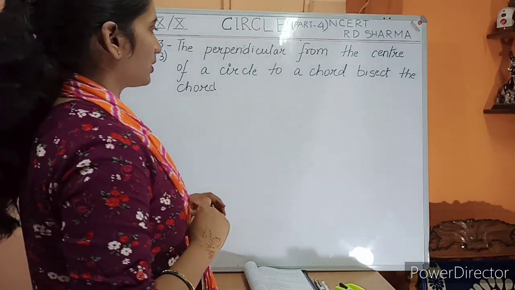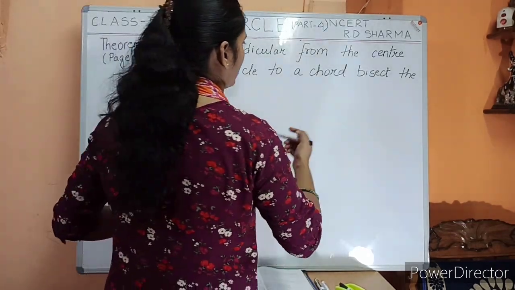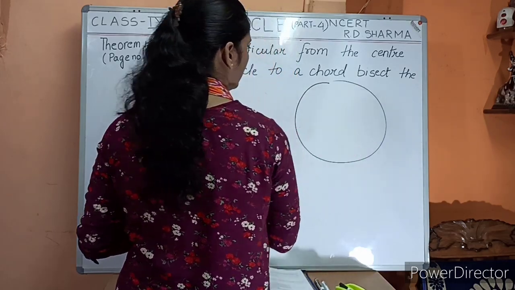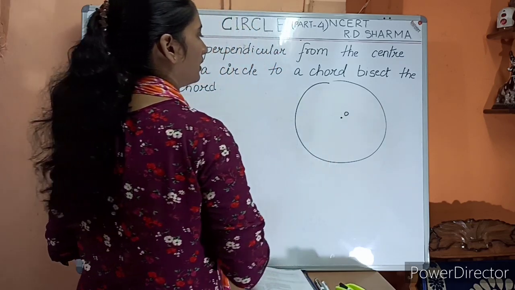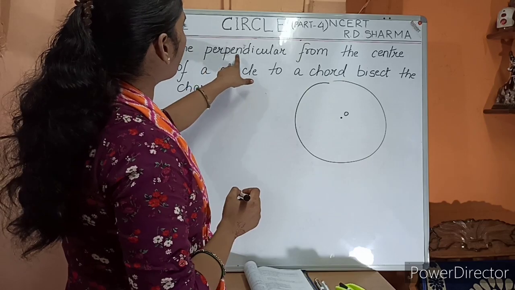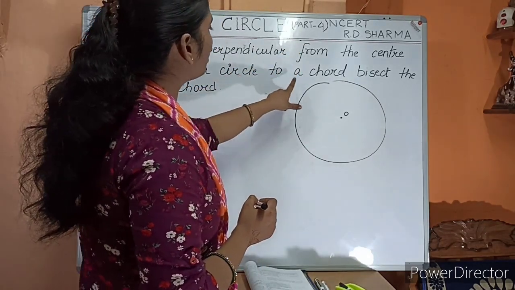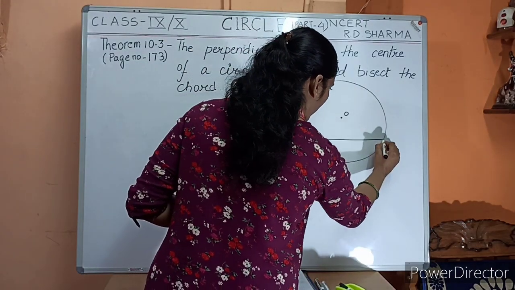Okay. So I'm just going to draw the figure for this theorem, and through that I will try to explain it to you. Look here, this is a circle, and children, this one is the center. So what it says is the perpendicular from the center of a circle to a chord. It means that in this circle we need to take one chord.